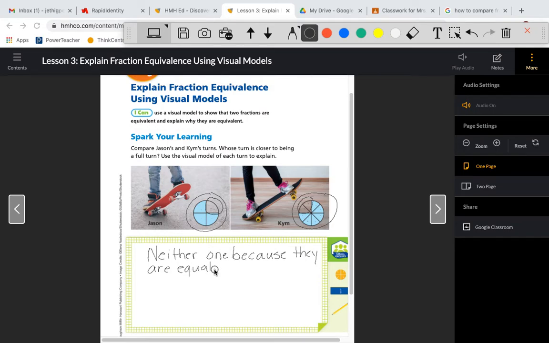The circles that represent both turns are the same size, and the amount of shading in both circles is the same. So they represent the same part of a full turn. Okay, so that's our reason why. So that's what we're working with today in this lesson. So let's move on to page 276 and let's continue to practice the strategy.